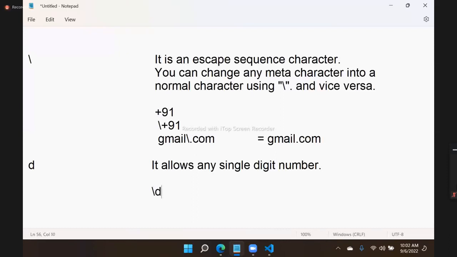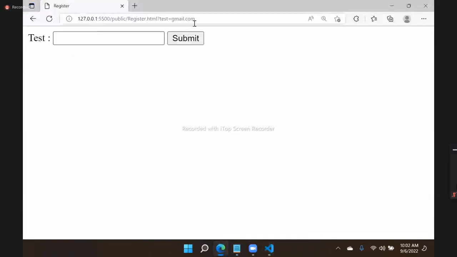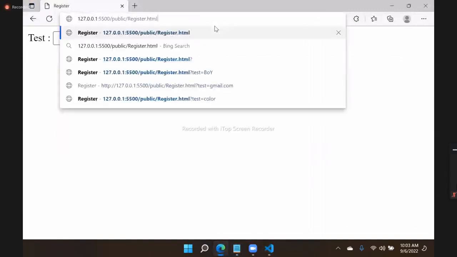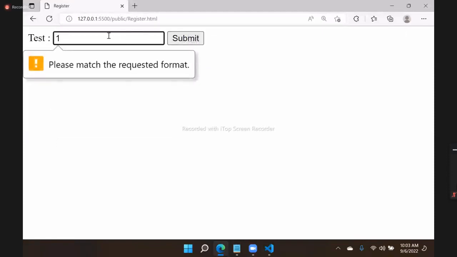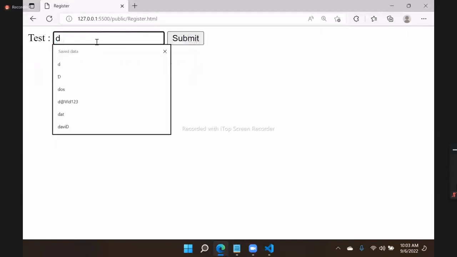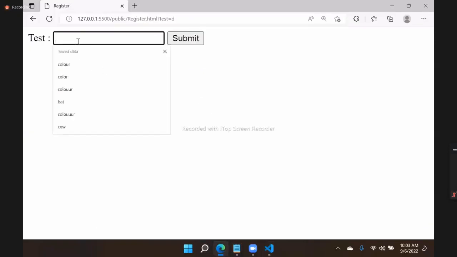Because if I type just D here, it will not allow a single digit number. I entered 1, it is not allowed. It allows only D. But our intention is slash D, which represents a one digit number. Now I entered 2, it is submitted.